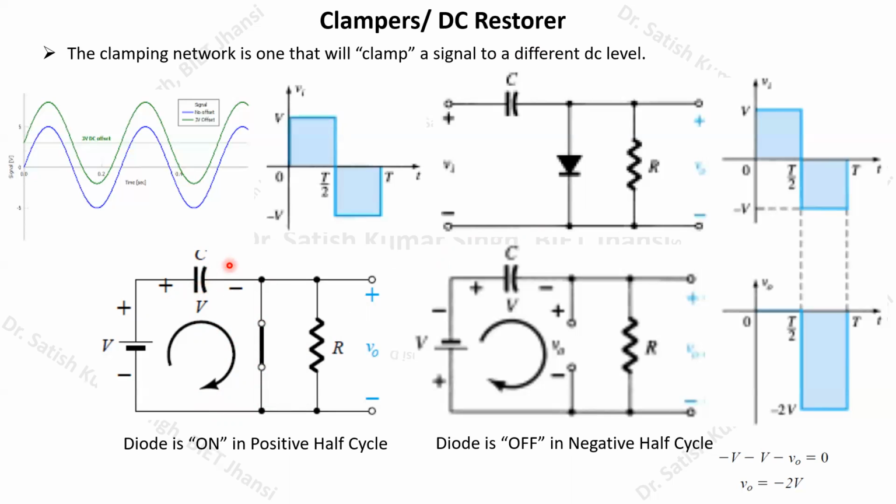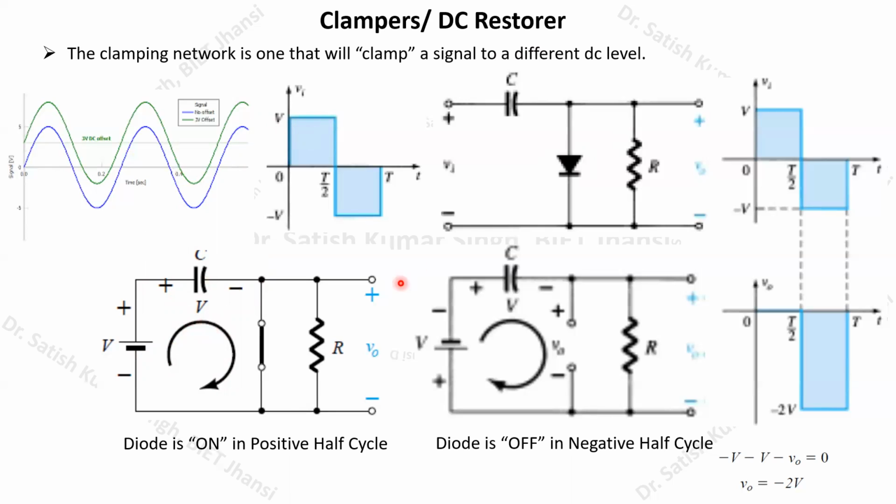So within no time this capacitor is charged. Here you can see we have applied plus V volt, so this capacitor will be fully charged up to plus V volt, and this will be the polarity. Because current is passing in the clockwise direction, this side will become positive and this will become negative, and it will get fully charged.